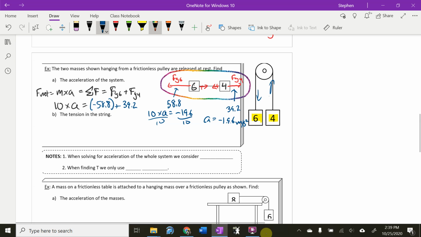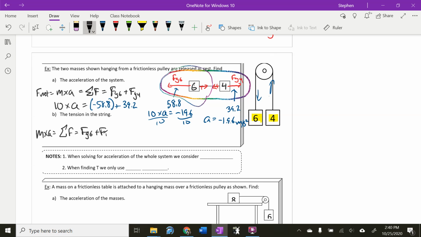Now let's try and solve for the tension in the string. For the tension in the string, we're going to look at just one object here. So I'm going to change my scope. Again, you could choose either one, but I'm going to look at this one here. So for this box that's on the left-hand side, let's take a look at all the forces involved. So m times a equals the sum of our forces, which in this case here is Fg6 plus Ft.